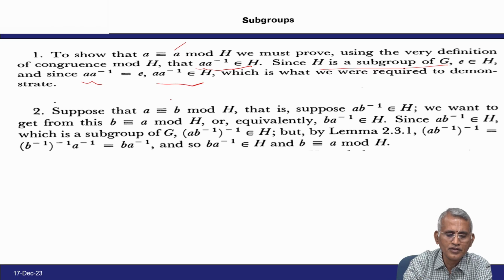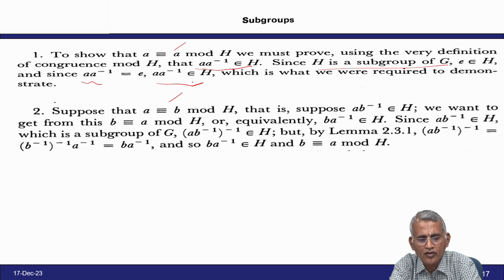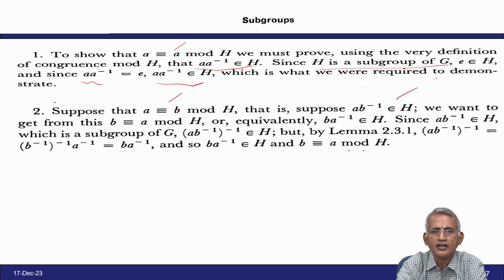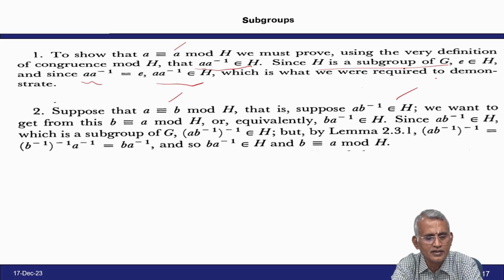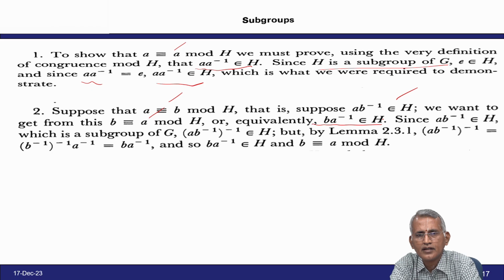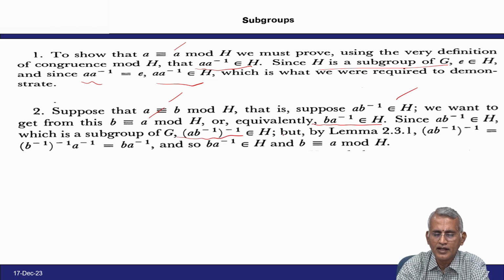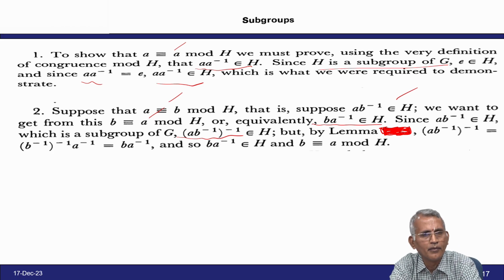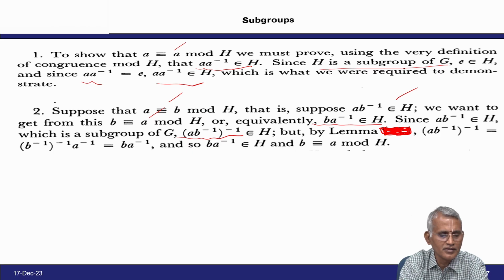For the second part, suppose a is congruent to b under modulo H, that is, suppose a b inverse is in H. We want to get from this b congruent to a under modulo H, or equivalently, b a inverse in H. Since a b inverse in H, the inverse of a b inverse is in H. By the previous lemma, the inverse of a b inverse is equal to b a inverse.